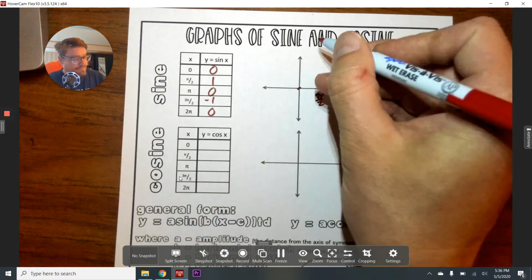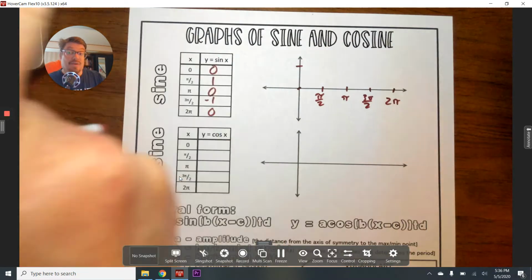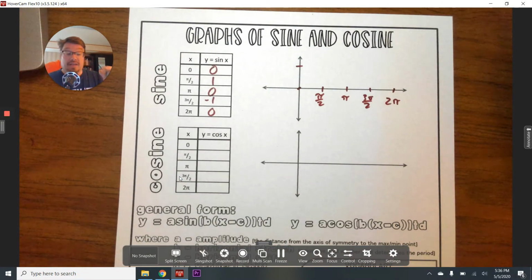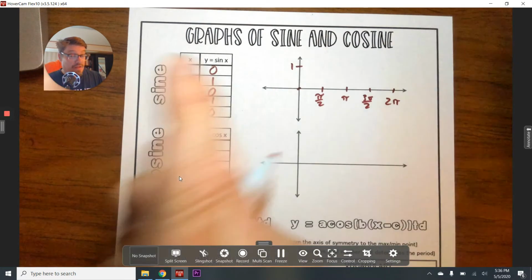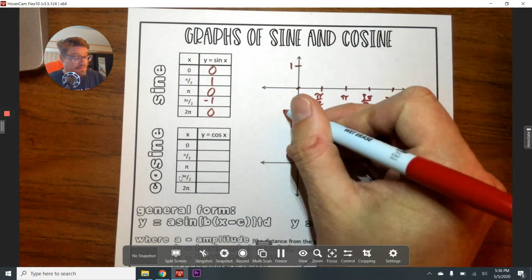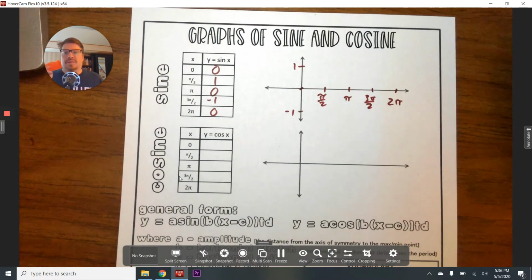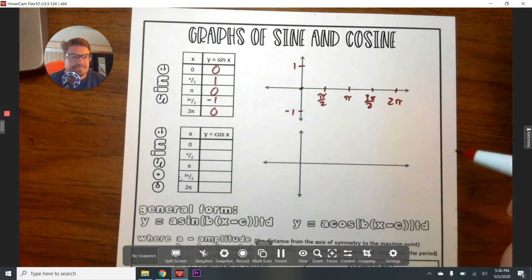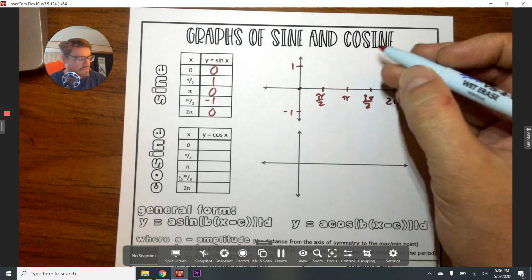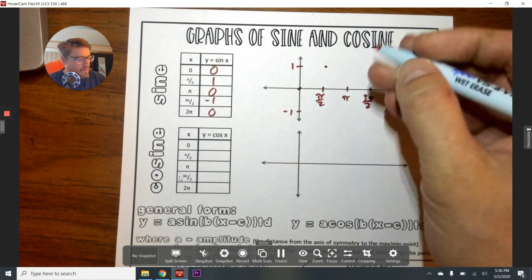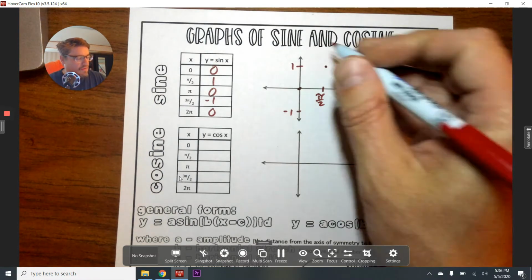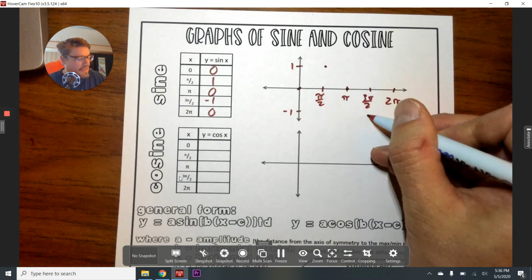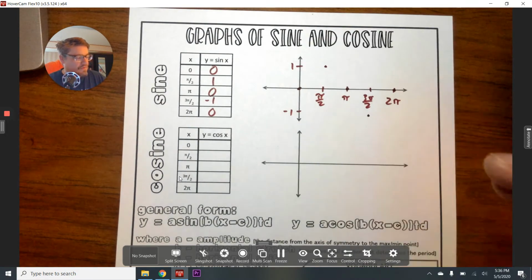And the highest value we're going to get as we go around the unit circle, the tallest it ever gets is 1. The lowest it ever gets is -1. All right? So when it's 0, it's 0. When it's pi over 2, it is 1. When it is just pi, it's 0. When it's 3 pi over 2, it is -1. And when it's 2 pi, it's 0.